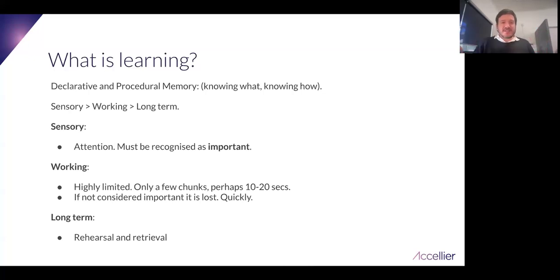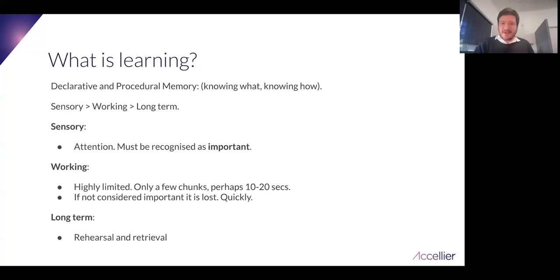So answering the question, what is learning? It's when we have something in long-term memory. There are two main types of long-term memory that we're going to focus on, declarative and procedural.